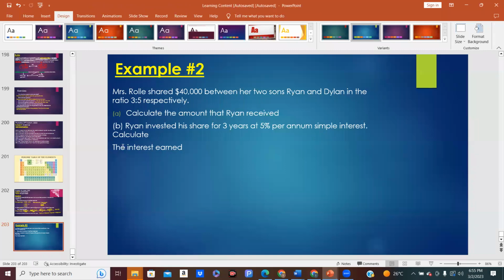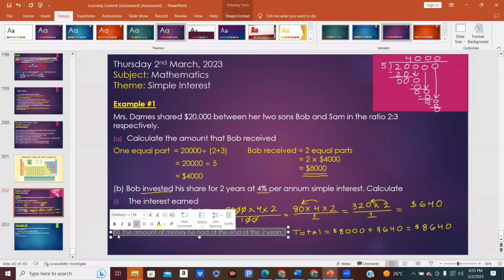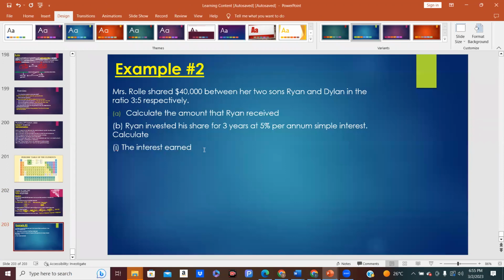Calculate the interest earned, and that's I. And then after we calculate the interest earned, we want you to calculate the total amount of money he had after 3 years. Okay, so let's do that.